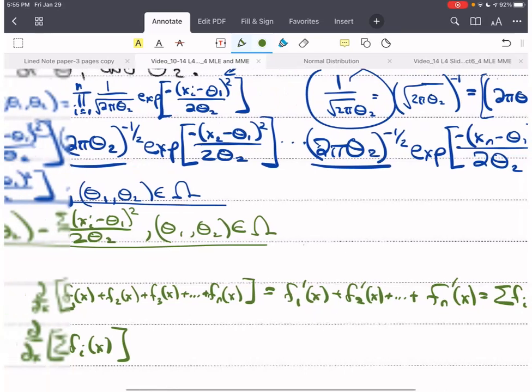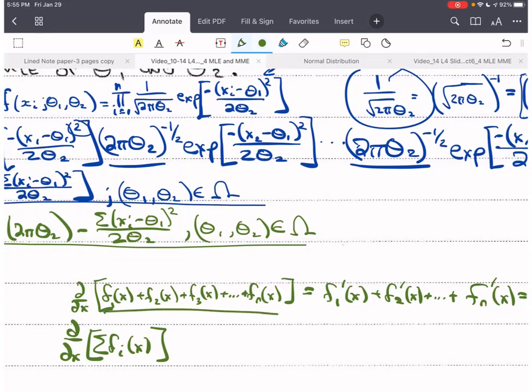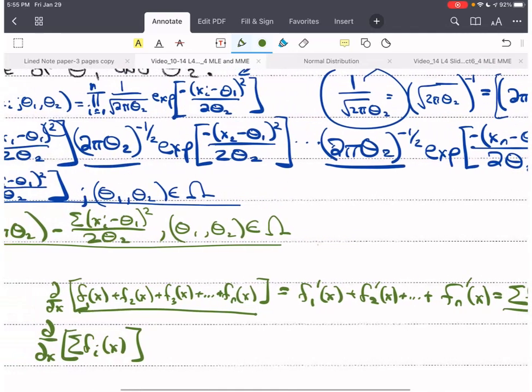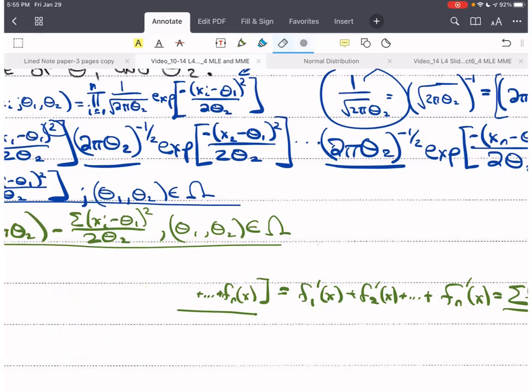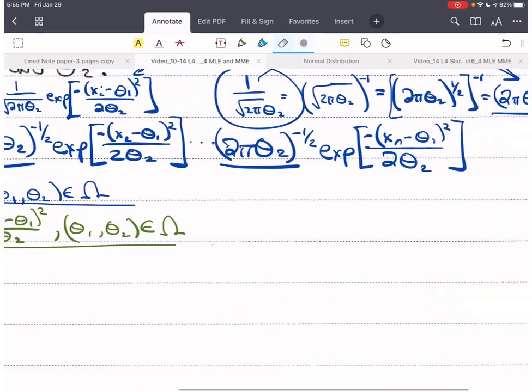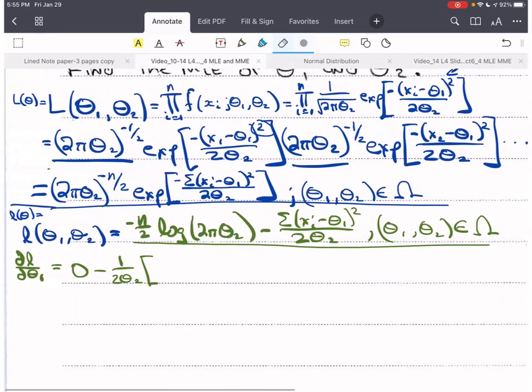So the derivative of the sums is the sum of the derivatives. So we can basically take the derivative inside the summation sign here. That's what I'm saying when I'm saying that. Okay? And we learned that in Calculus 1, but I know that you may not have realized that it extended to these summation signs. I hope you have. I hope you've had Calculus 3, but maybe not.